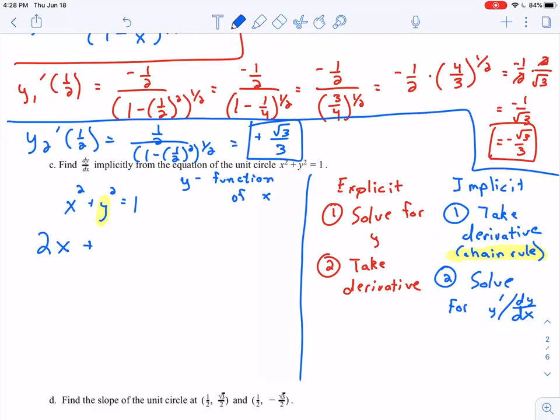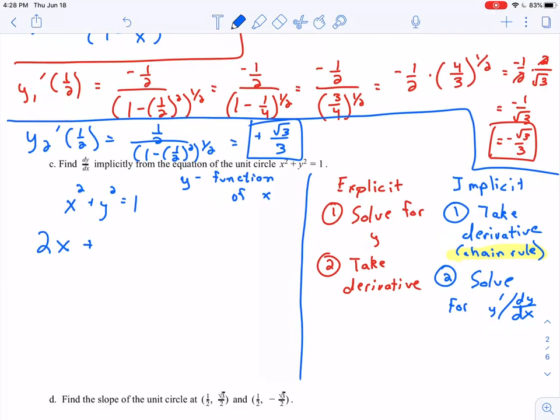So I have a function inside of a function, which means, yeah, we're going to need the chain rule here. So when I use the chain rule, it essentially says, all right, we're going to take the derivative of this outside part. We're going to take the derivative of y squared. So when you think about it, it's kind of the same as the derivative of x squared. We're just going to have 2y, but that y is a function of x.